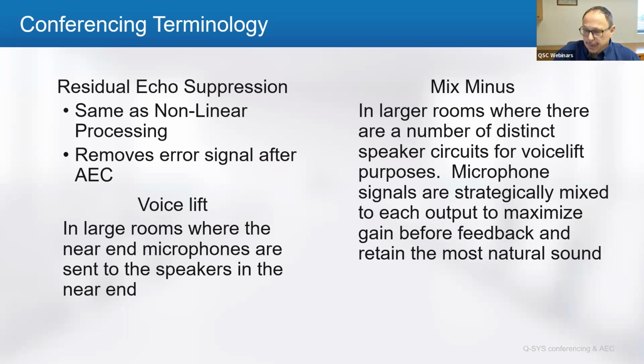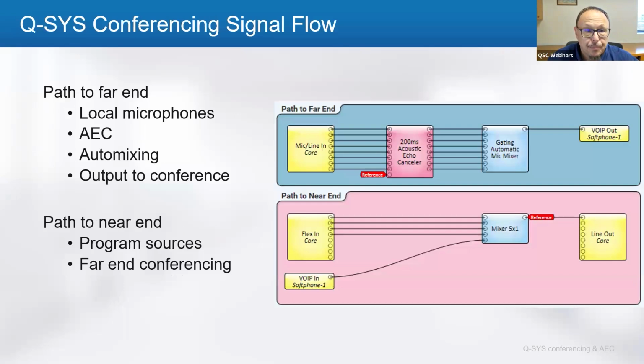So that's where that becomes important. So when we look at our path to the far end, we have local microphones, we go through the AEC, and then we do some auto mixing. I prefer a gating automatic mic mixer.